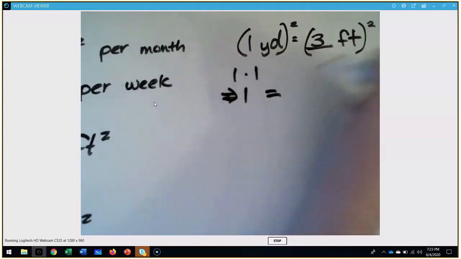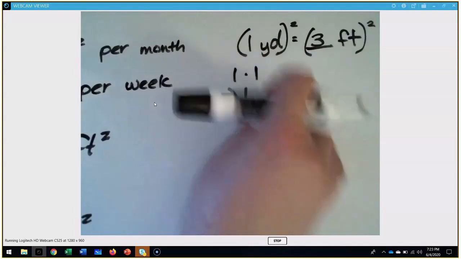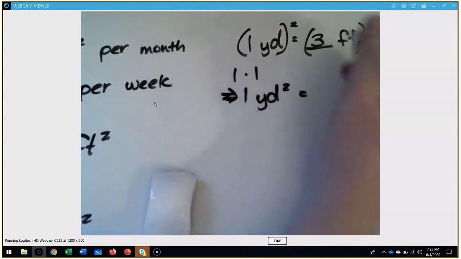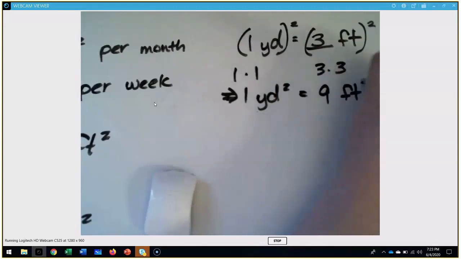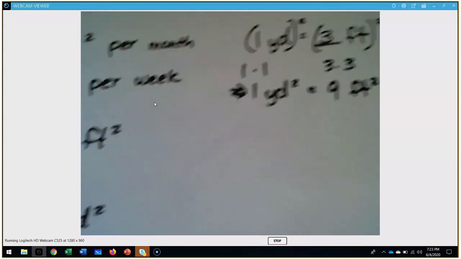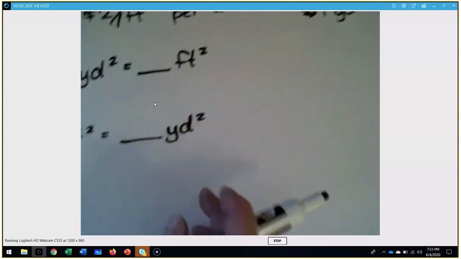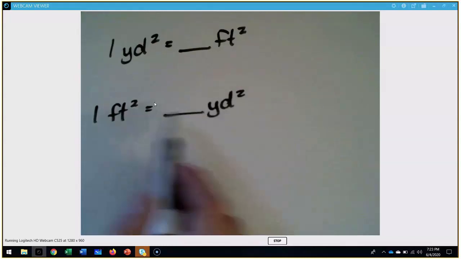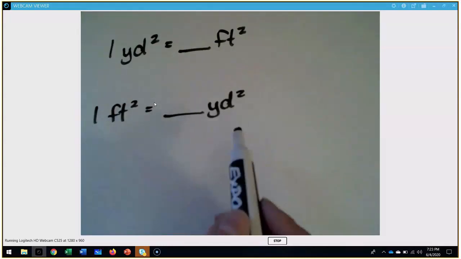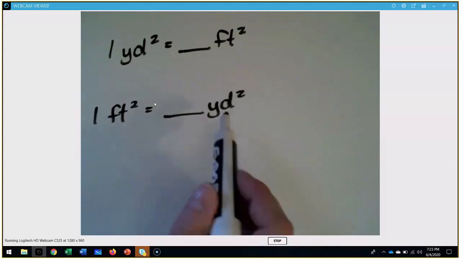1 square yard. And then this one here is 3 times 3, which is 9. So 9 feet squared. If I went the other way, which now that I'm looking at all of this is probably not even necessary, I would have to divide, and that would give me 1/3 instead.